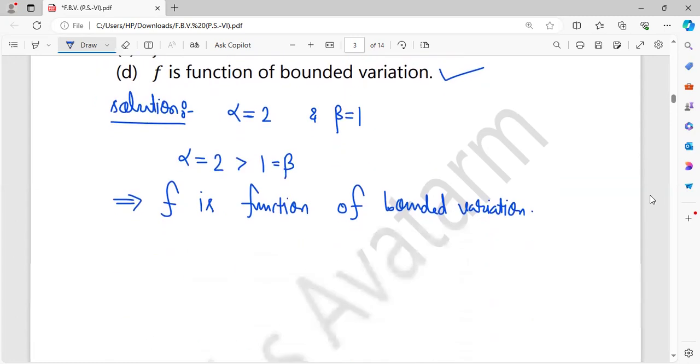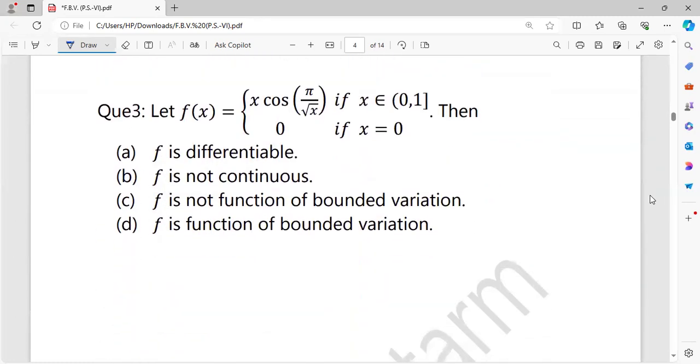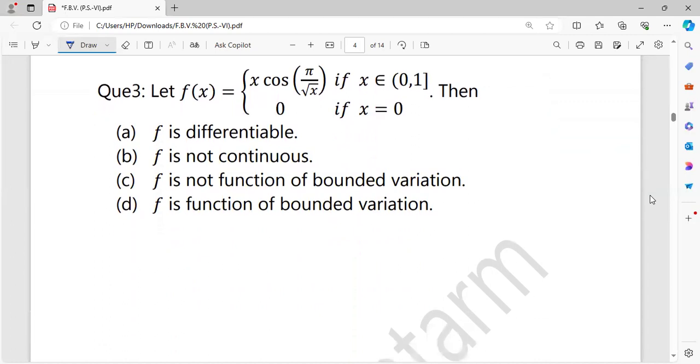Now move to the next question. Again, here the alpha and beta values are changed. You see that this function is not going to be differentiable at 0, so option number A is not correct. But this function is continuous, so option number B is not correct. Now either C or D is correct. Let's check it.